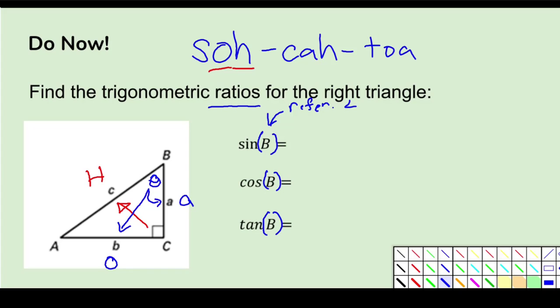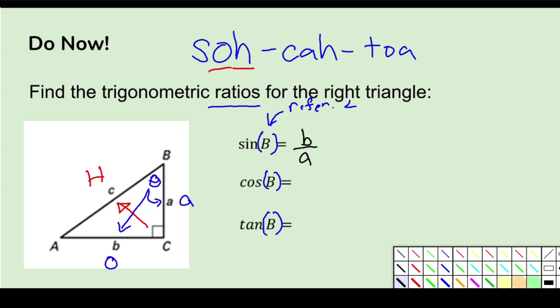So there we go. Now that we know that, we're just going to write some ratios. And this little mnemonic up top tells us that sine is the opposite over hypotenuse. So it makes it easier for me so I don't have to memorize it. So opposite over hypotenuse, which means that it's going to be just b over a.